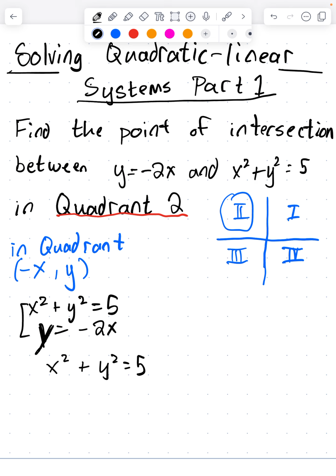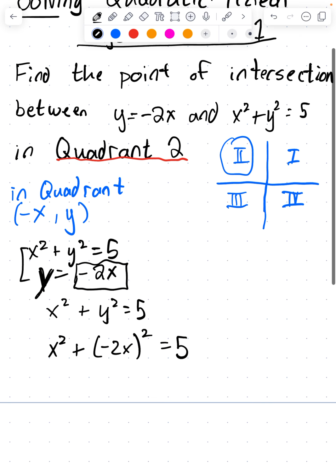Now instead of writing y squared, I'm going to write what y stands for. And y stands for this value, -2x. So I have x squared plus (-2x) squared equals 5. Just replace the y with -2x.